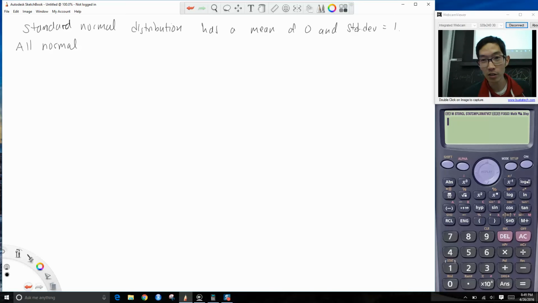Standard deviation equal to 1. So all normal distributions are defined by a mean and a standard deviation.